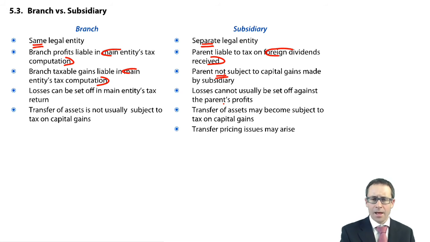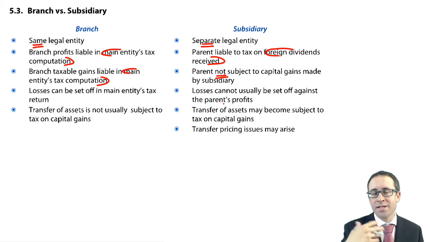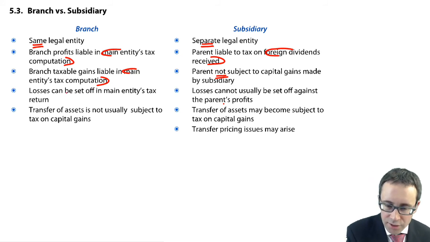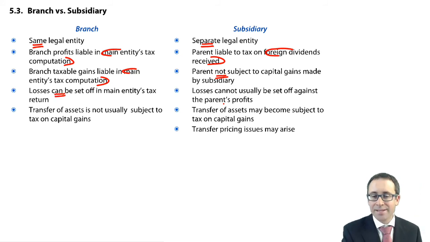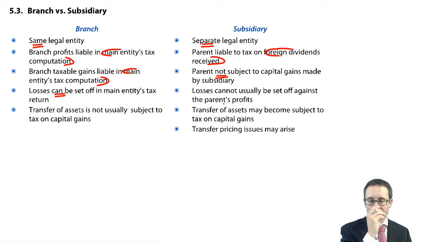The next one I think is very important as the crux as to whether you set up a branch or a subsidiary. If you have a branch, because it's the same legal entity, your losses can be set off in your main tax return.